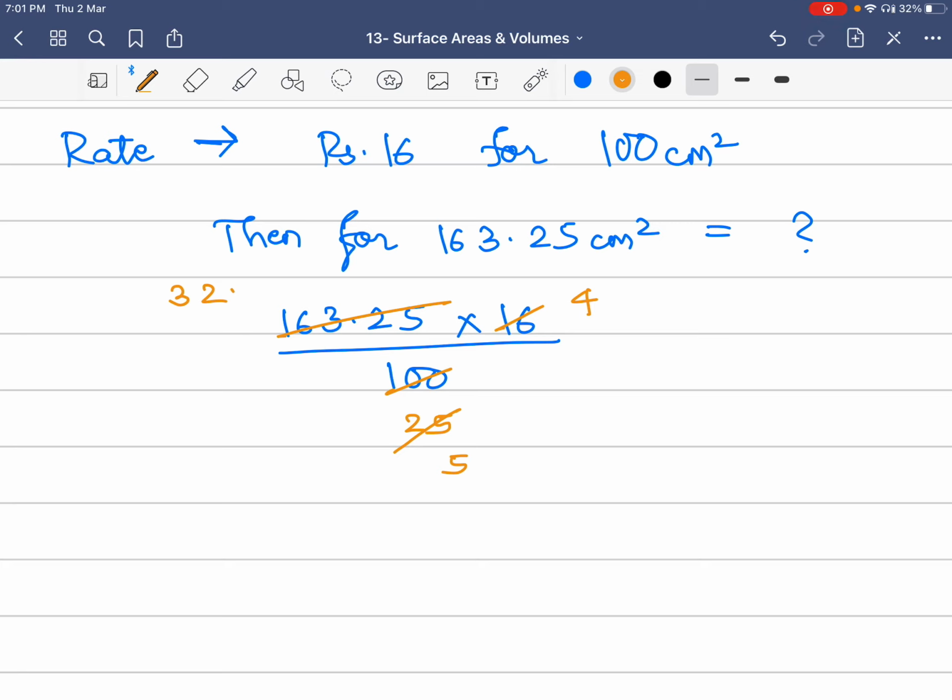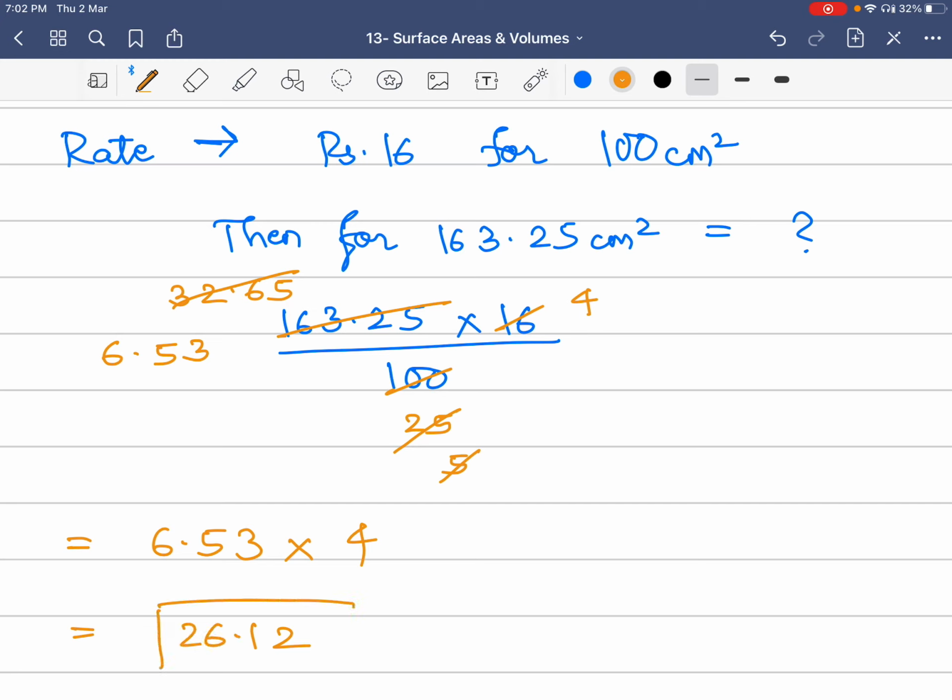And once again you can divide this by 5: 5 6s are 30, 5 5s are 25, 5 3s are 15. So eventually it comes down to 6.53 into 4, which equals 4 3s are 12, 1 carry, 5 4s are 20, 21, 2 carry, 6 4s are 24, 25, 26, so 26.12. And the unit is very important, it's rupees.